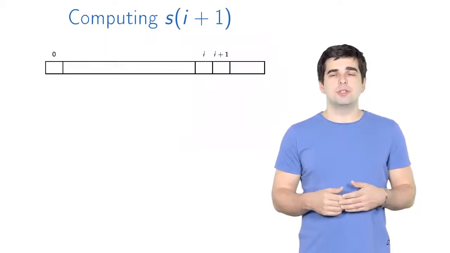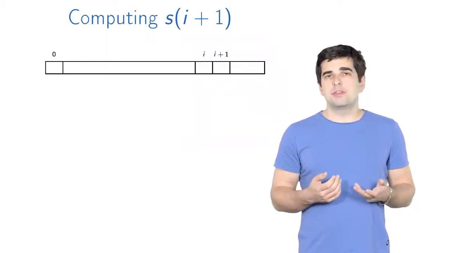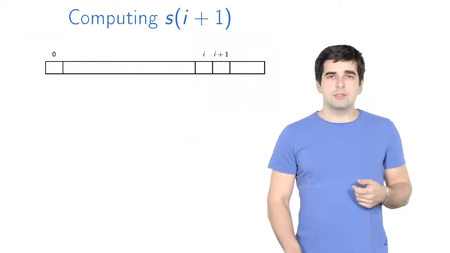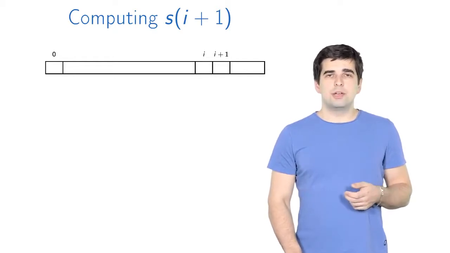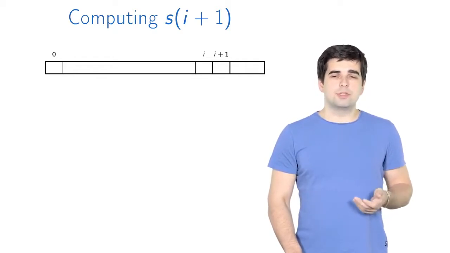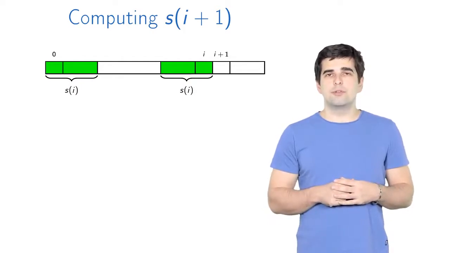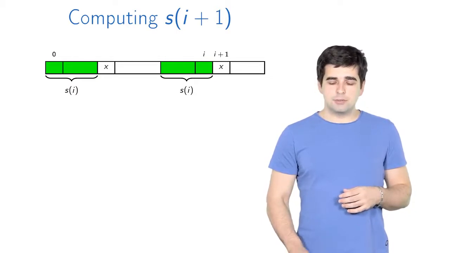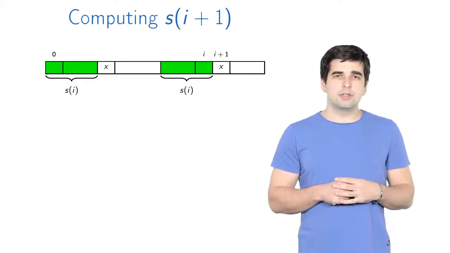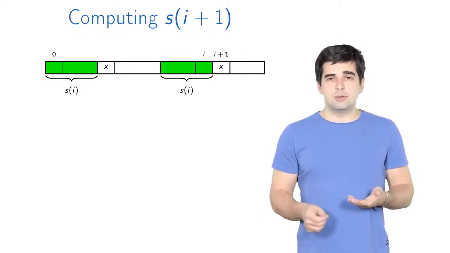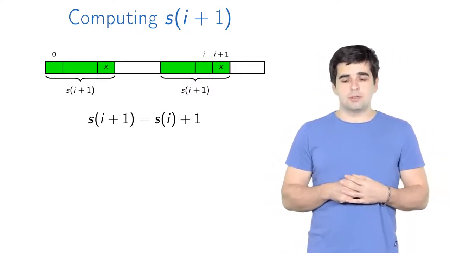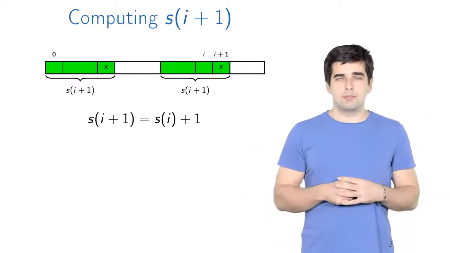Now let's think how to compute the prefix function. We know that s of 0 is 0 because the prefix ending in position 0 has length 1 and has no non-empty borders. Now to compute s of I plus 1, if we already know the values of the prefix function for all the previous positions, let's consider the longest border of the prefix ending in position I. And let's look at the character in position I plus 1 and the character right after the prefix with length s of I. If those characters are equal, then s of I plus 1 is at least s of I plus 1, because we can just increase the length of the border.